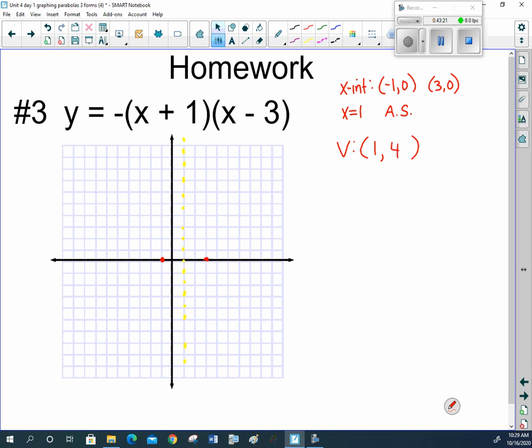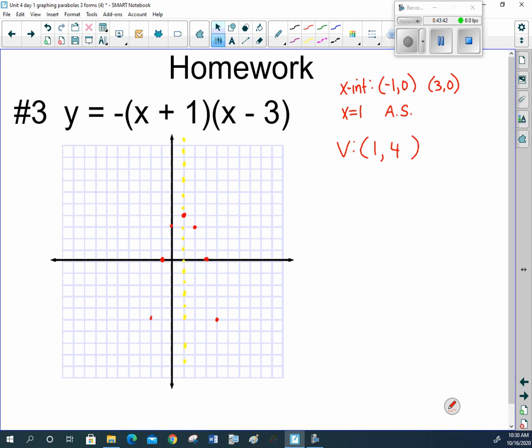And that makes sense because this parabola should be opening down. It's got a negative sign out in front, so it should be opening down. So our pattern, down 1 over 1, down 3, 1, 2, 3 over 1 matches our x-intercept, so that's what we want to have happen. Down 5 over 1.